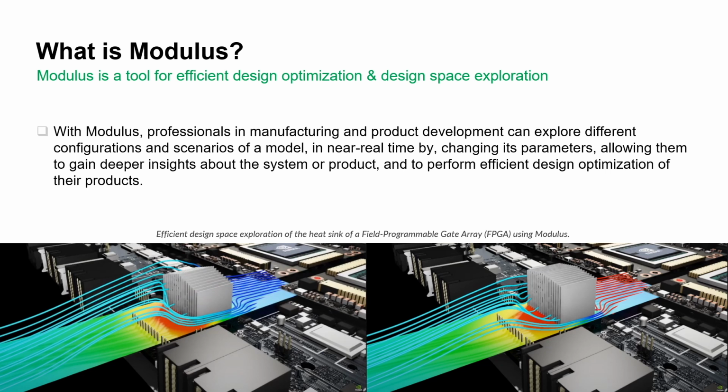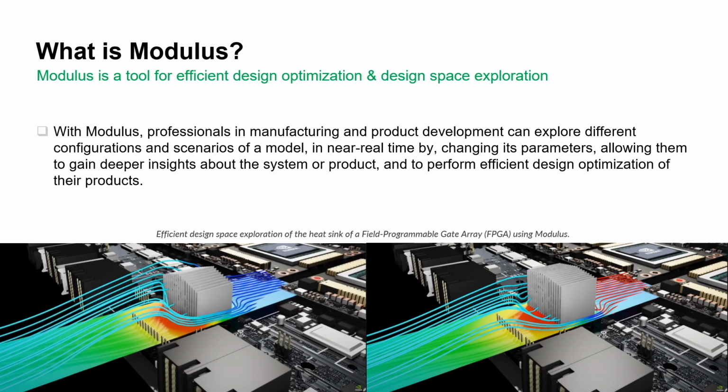With Modulus, you can simply parameterize the system already during training time by adding the design parameters as extra inputs to the neural network. And when you have completed the training, it's super quick to do design optimization and design space exploration because you can infer new results from the trained model in near real time.